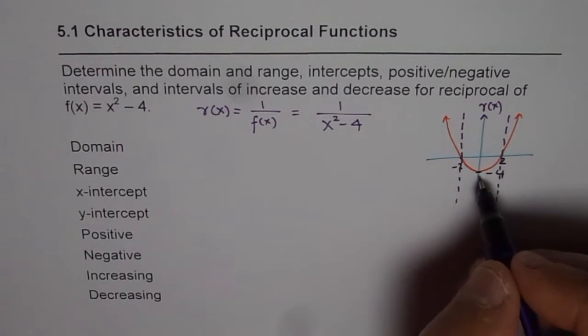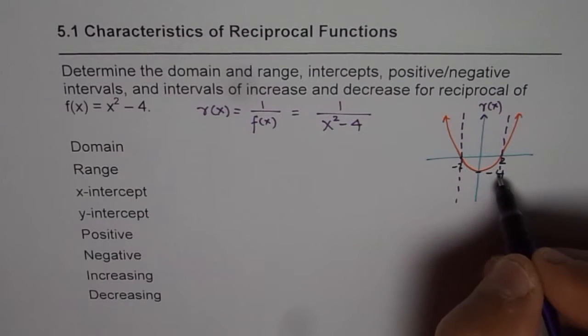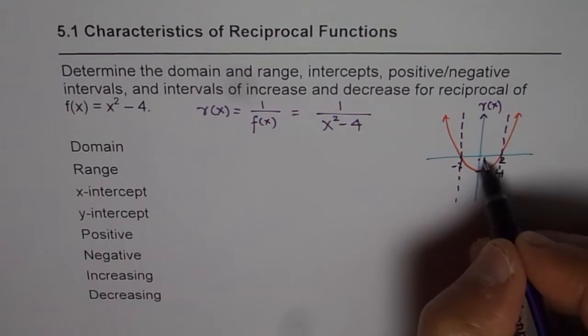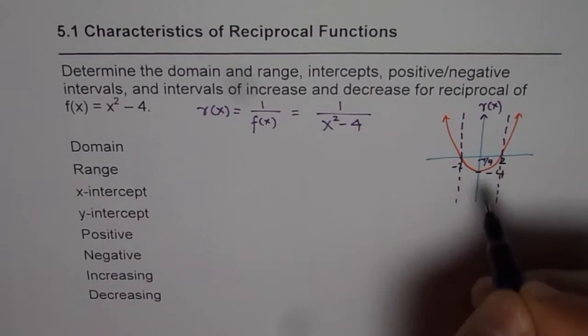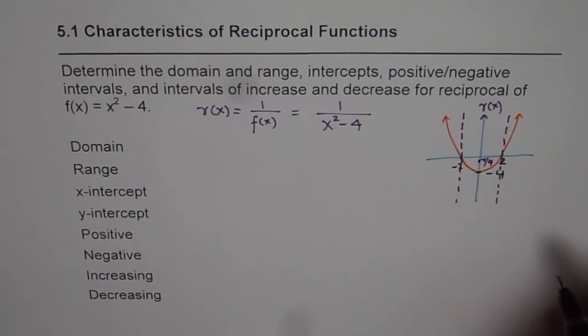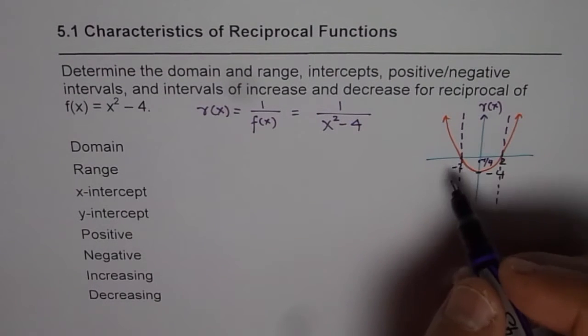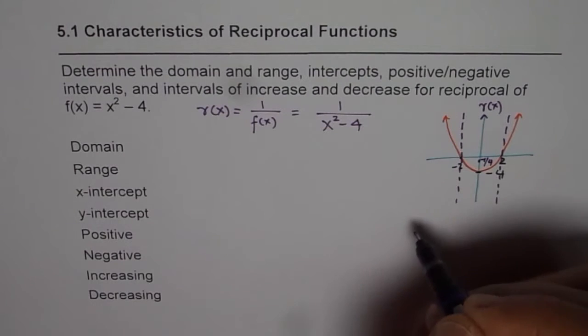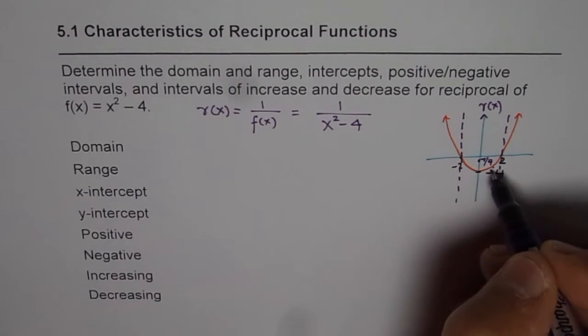Next is, in this particular case, the y-intercept is minus 4. The reciprocal of minus 4 will be minus 1 over 4. So this point is minus 1 over 4. So that will be on our graph. Remember, the reciprocal of positive will be positive, of negative will be negative.